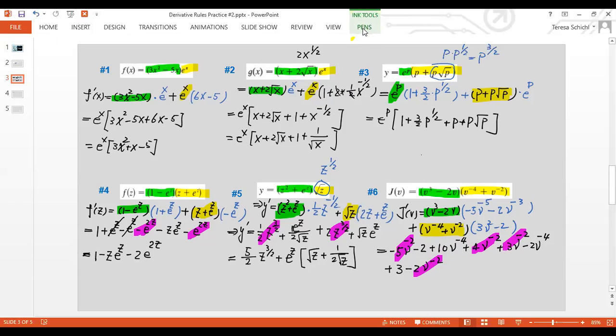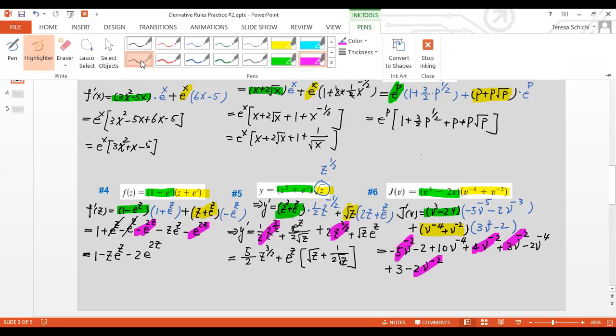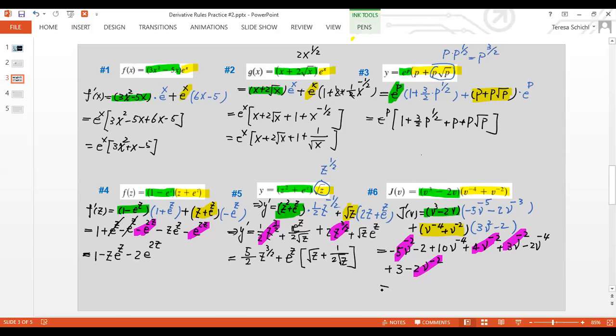And here, so the -4, how many -4s do I have here? I have 10 and -2, so this will be 1 minus 8v to the -4 here, okay, and so let me double check.